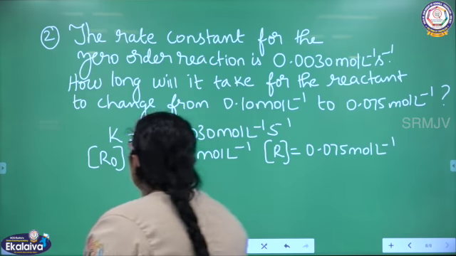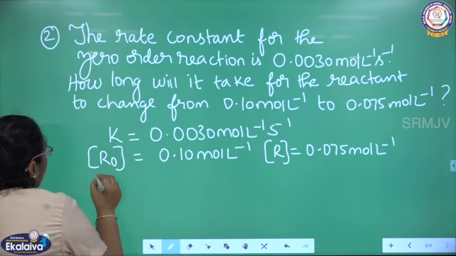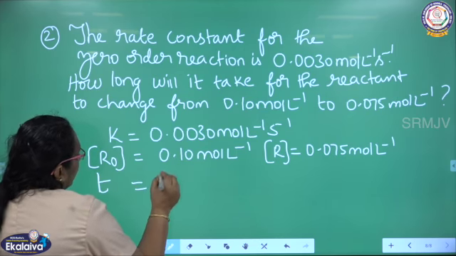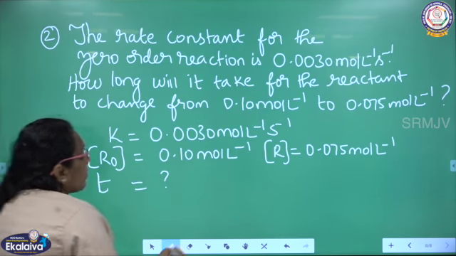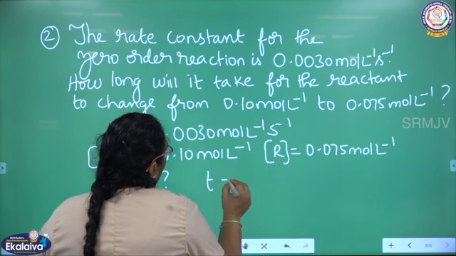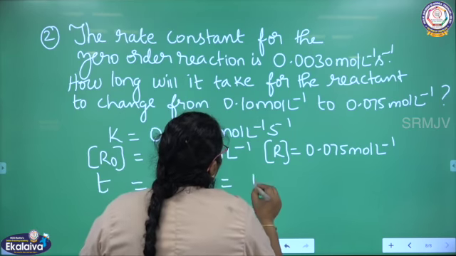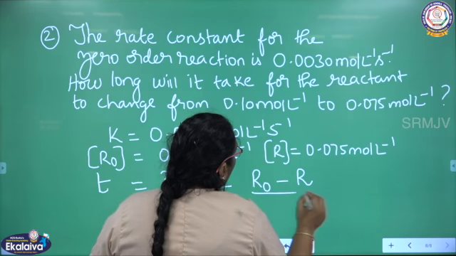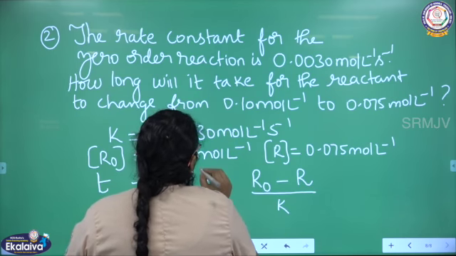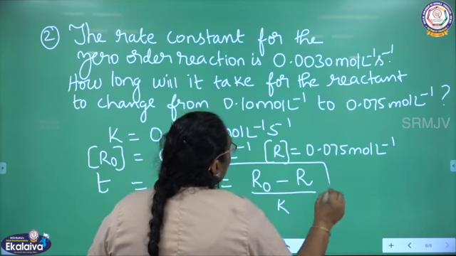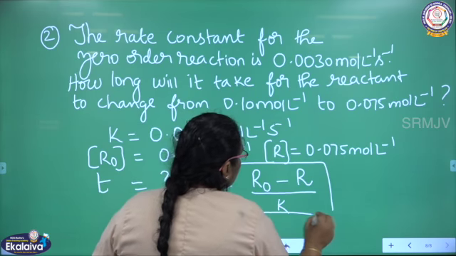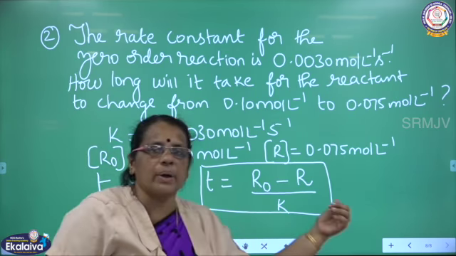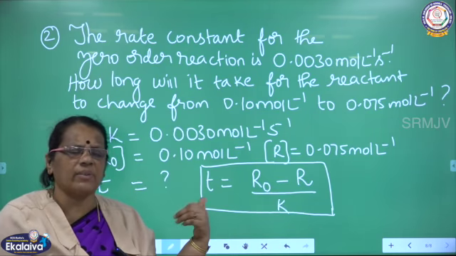Substitute in the formula. What is the formula? Now they are asking us to find out T, so we are going to calculate T. How will the formula be? T is equal to R naught minus R divided by K. So this is the formula we are going to use for this sum. What is T here?